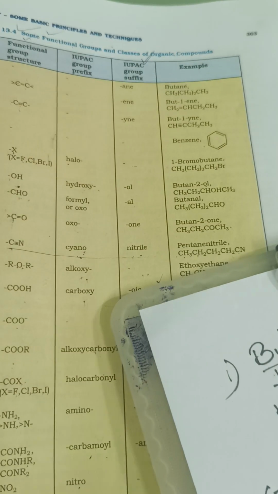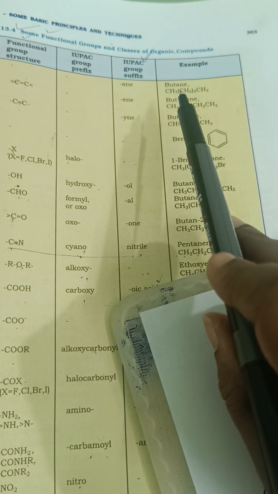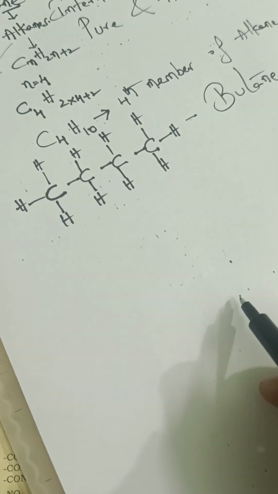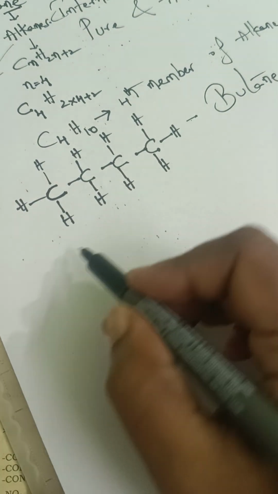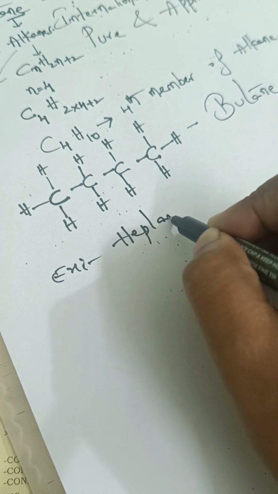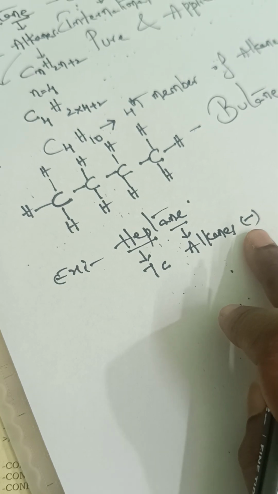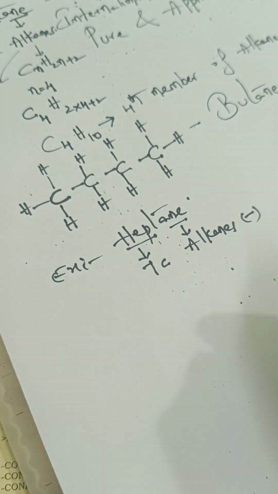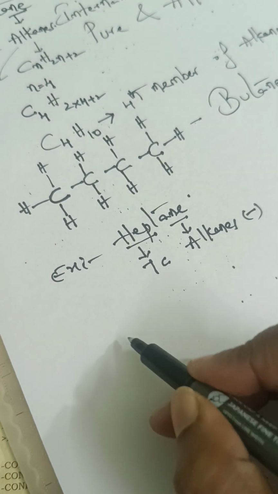In the textbook they have given you butane, but you can take any number of examples, as many as possible. For example, heptane. "Hept" means 7 carbon atoms. "Ane" means it is an alkane, so these compounds should have only single bonds. You can see the structure here.